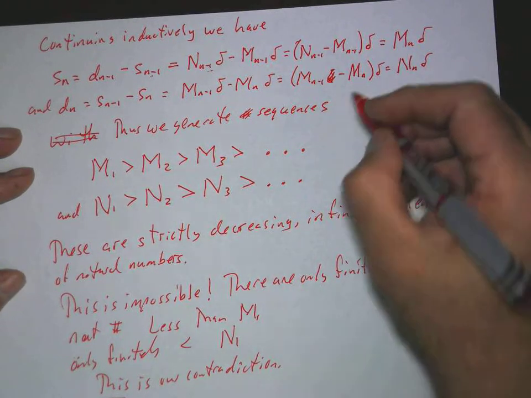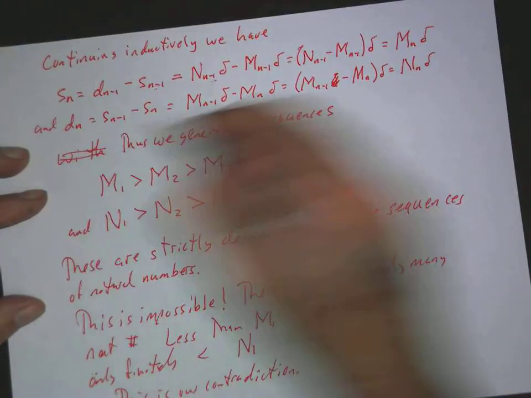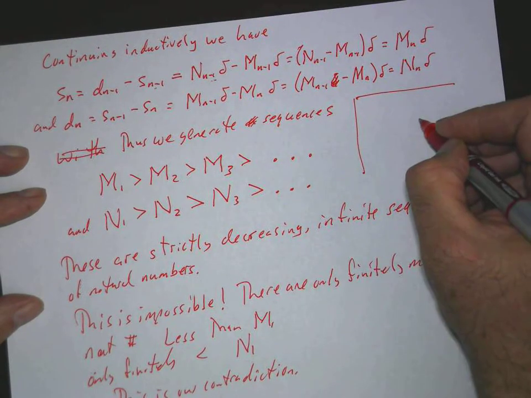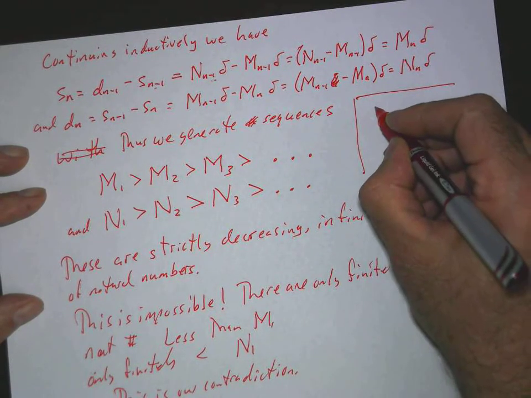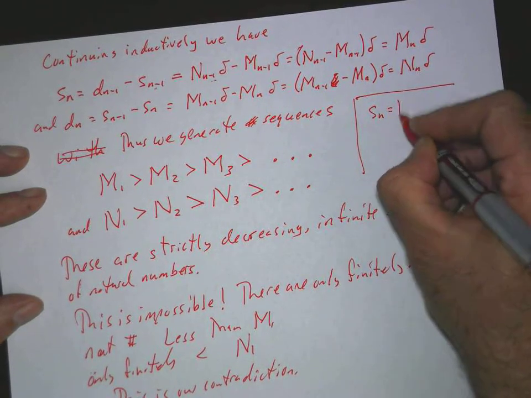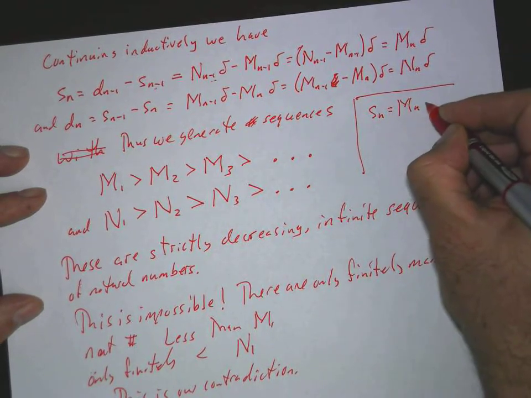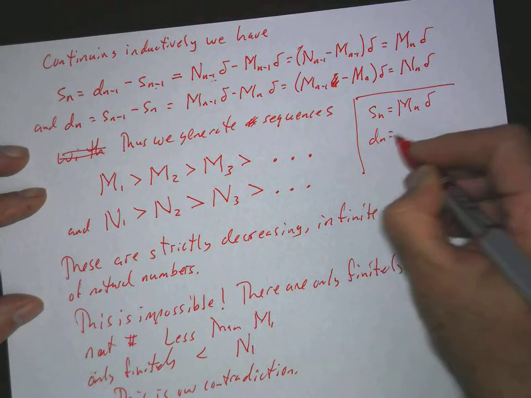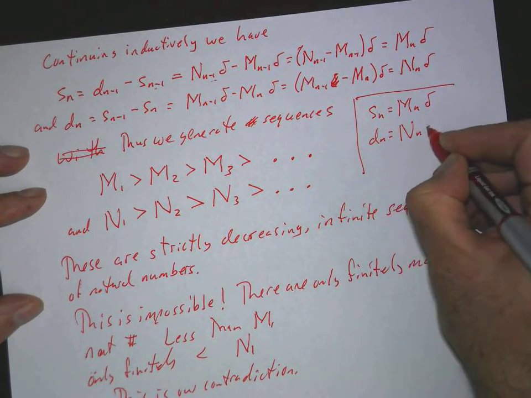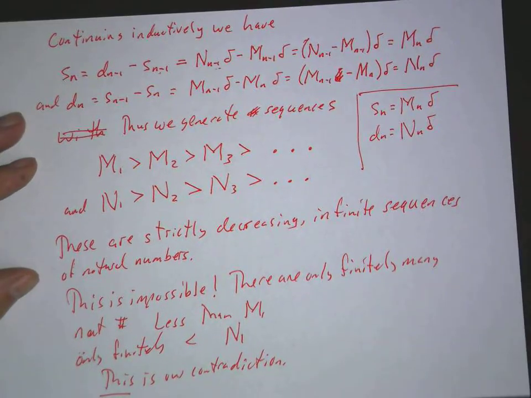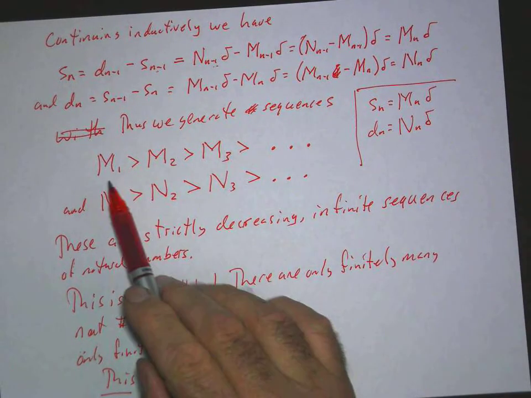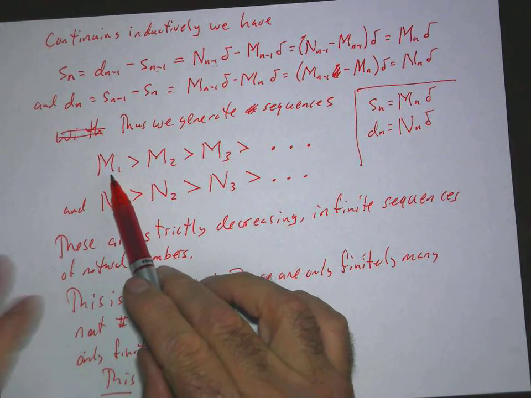So let's see. That means that we have S sub n equals capital M sub n delta, and d sub n is capital N sub n delta. And through this process we generate two sequences.